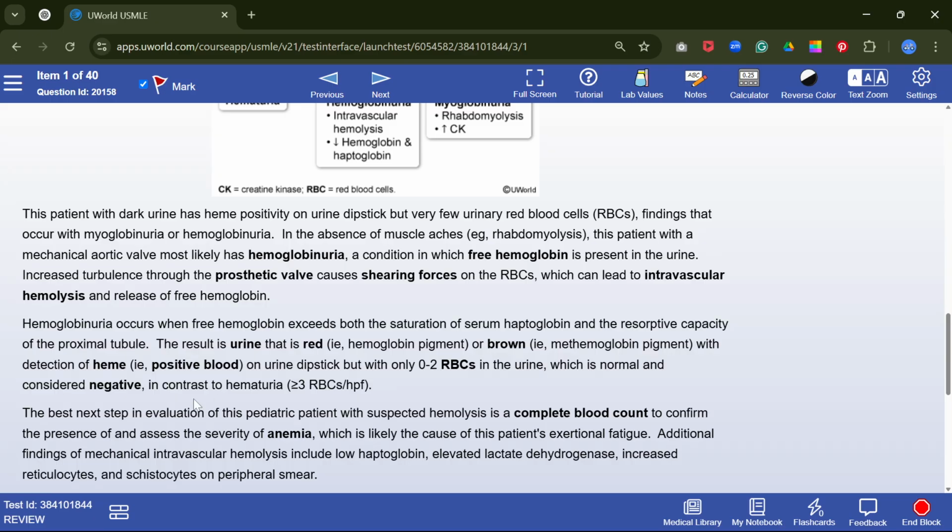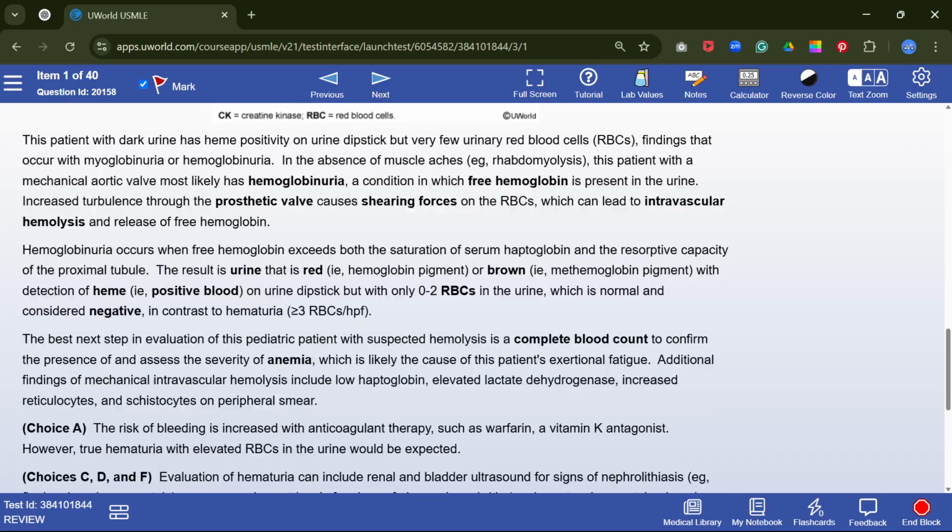So our next step in this pediatric patient is to do a CBC, complete blood count, to confirm and assess the severity of anemia, which is the likely cause of this patient's exertional fatigue. Additional findings of mechanical intravascular hemolysis include low haptoglobin, elevated LDH, increased reticulocytes, and schistocytes on peripheral blood smear.